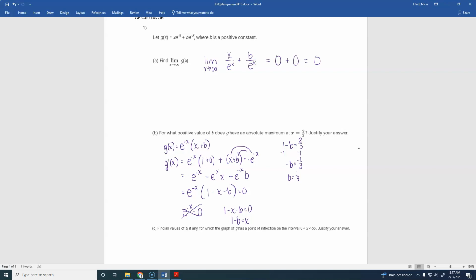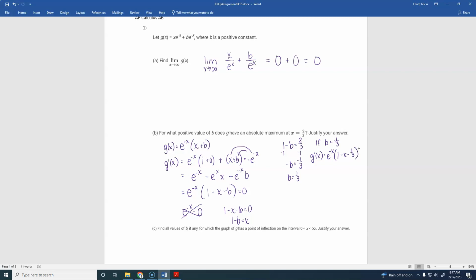So that would give us the critical point at 2/3, but we have to justify that it would be a maximum. So if b equals 1/3, then we know g prime of x would be e to the negative x times 1 minus x minus 1/3.